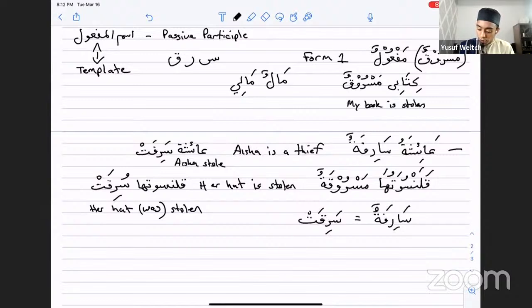And suriqat, which is the passive, the majhul, is essentially the same thing as masruqa. All of these are feminine. If I wanted to make it masculine, sariqun is the same as saraqa, and masruqun is the same thing as suriqa. Obviously, one having a tense and the other not.